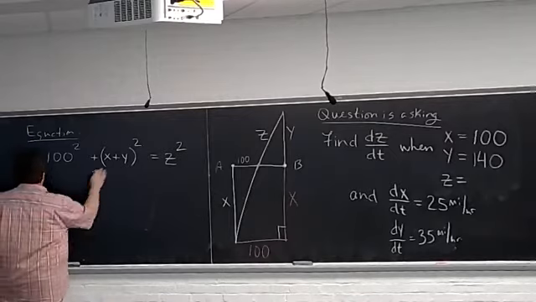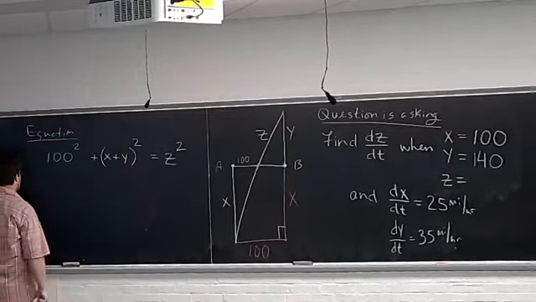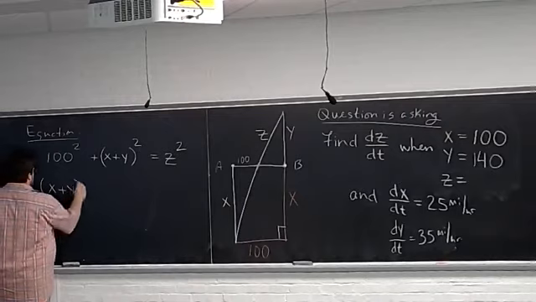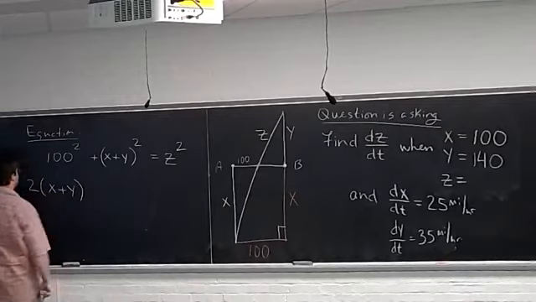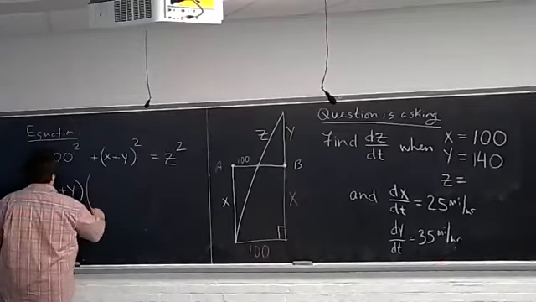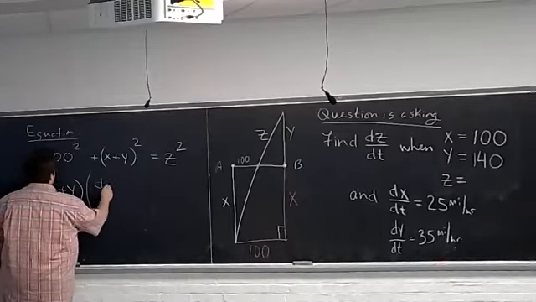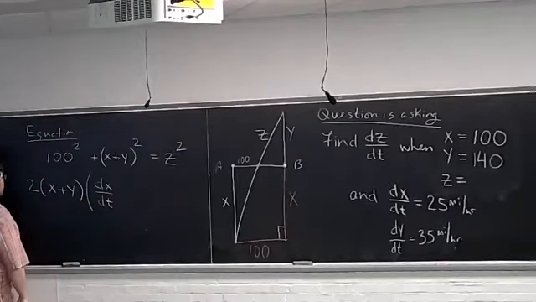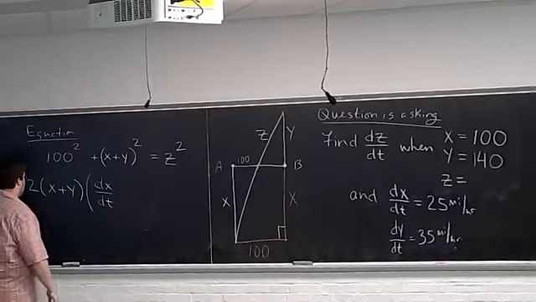How about the derivative here? Well, it's a function squared. Derivative of something squared is 2 of them to the first power. But then you apply chain rule. X and y are functions of time. So the derivative of x plus y is 1 dx/dt plus 1 dy/dt.